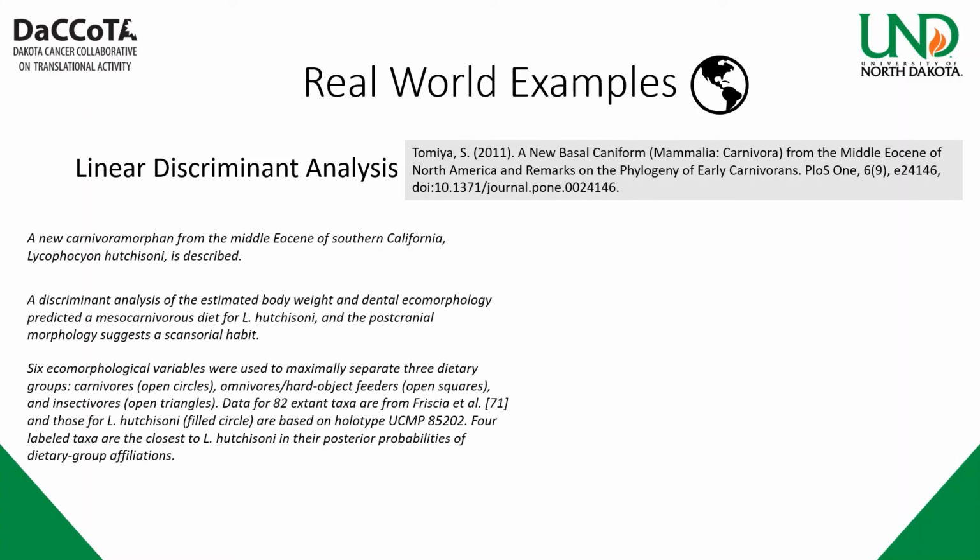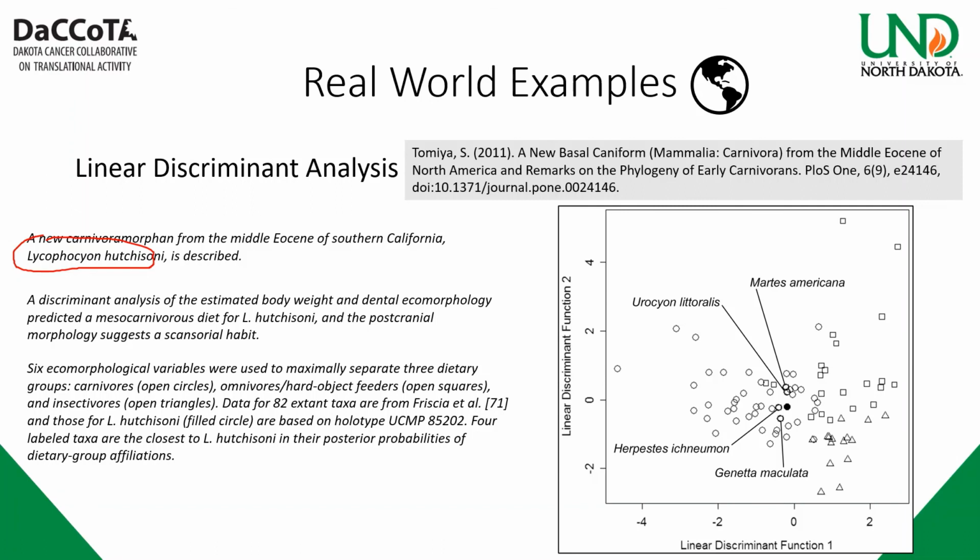All right, linear discriminant analysis, with some cool paleontology here. They have the species Lycophan hutchinsoni, and they use linear discriminant analysis with three different dietary groups and find that it's most likely to be a mesocarnivorous diet.